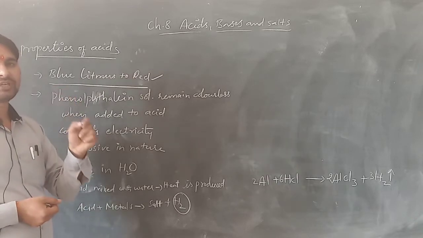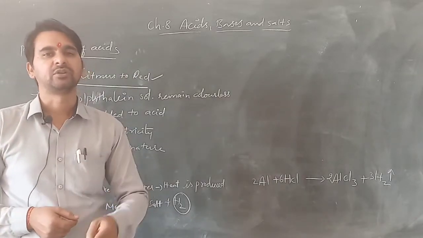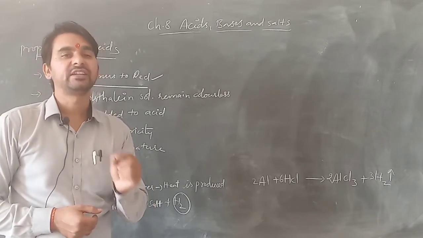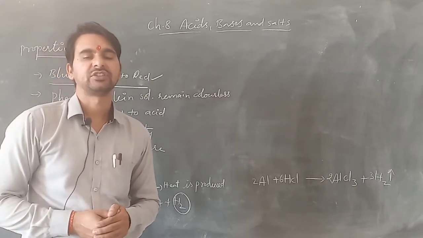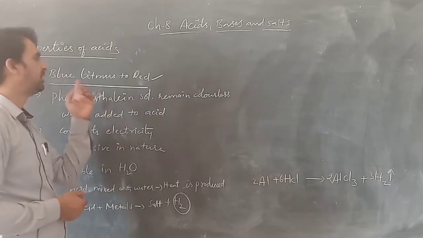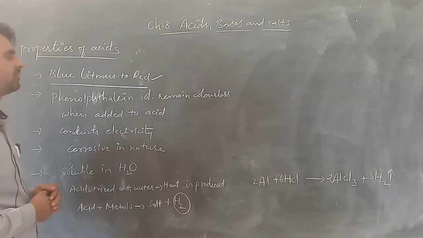This is because of the effect of an acid. It is an indicator we use to find out whether the given solution is acid or base. So the first property of acid is that it always turns blue litmus paper red in color.